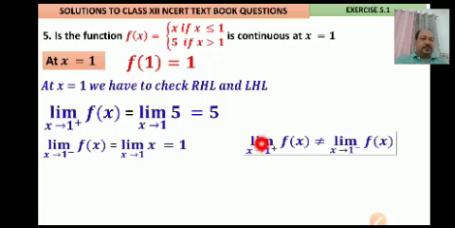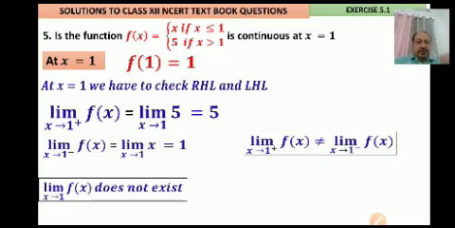As you observe, the right hand limit of this function is not equal to the left hand limit. So limit x goes to 1, f of x does not exist, because if the limit exists, then both the left hand limit and right hand limit should be equal to each other.